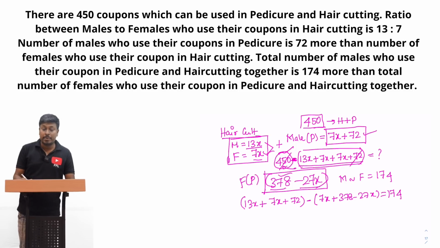Friends, understood how I wrote it? Male hair cutting plus male pedicure, minus female hair cutting and female pedicure, the total will be 174.